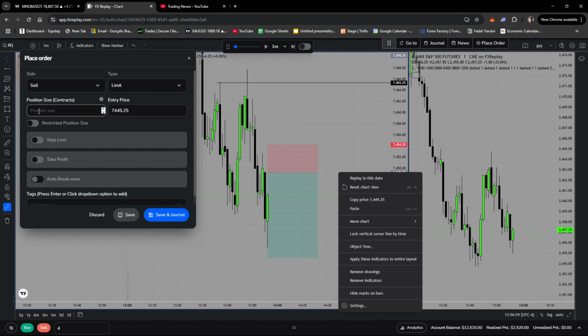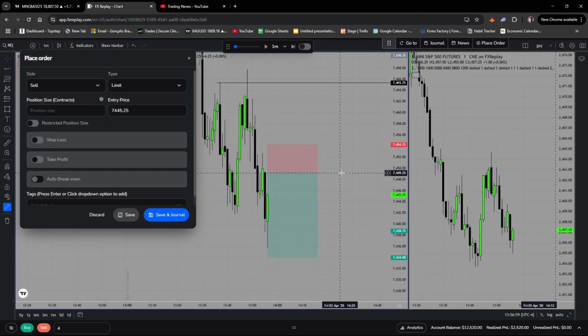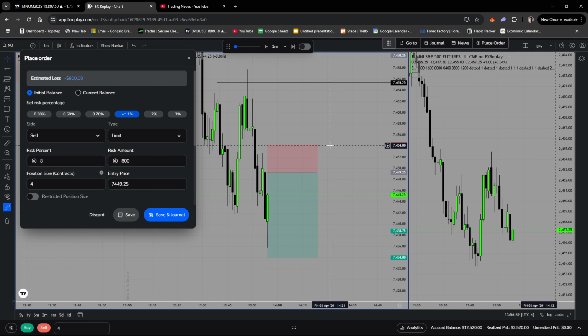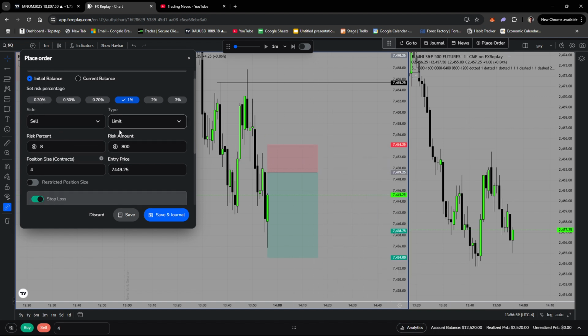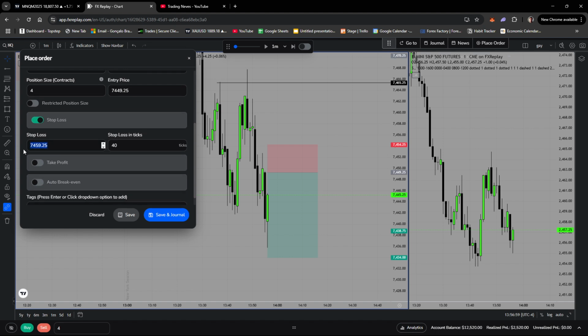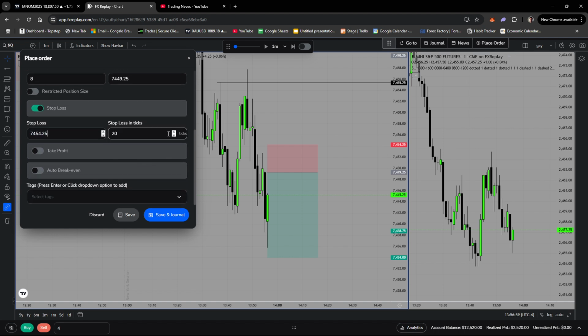We're going to go to sell. Entry price. I've got better at using FX Replay now. The entry price is here. Stop loss price. Copy price. Where's stop loss? Okay. The 20 ticks.